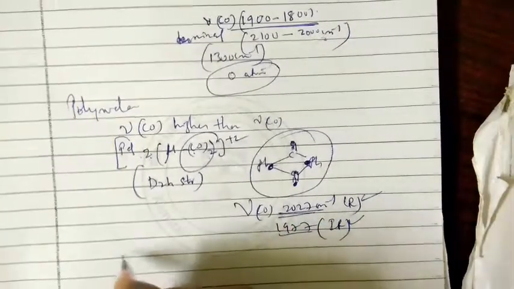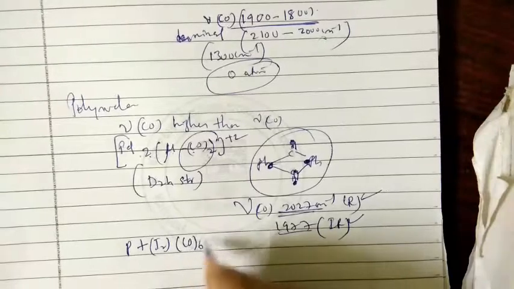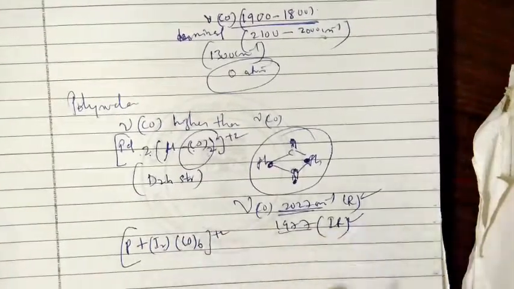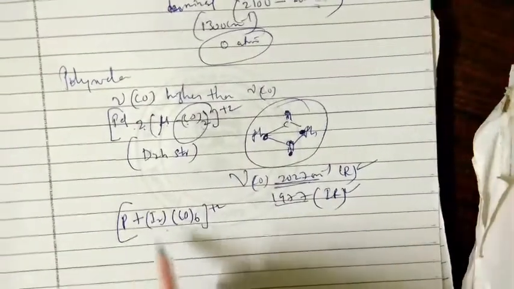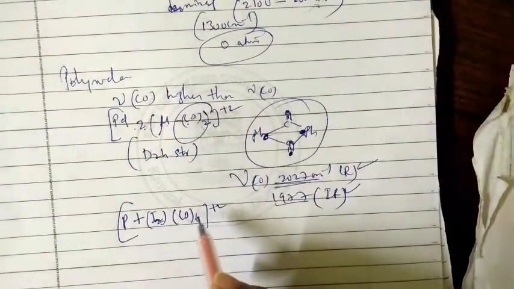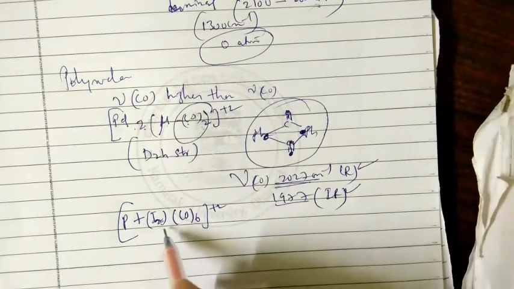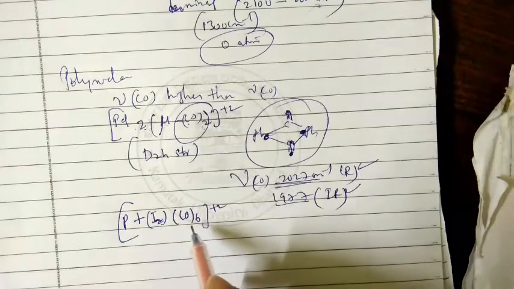Whereas if you take another structure, that is platinum I2 (CO)6 to the plus 2, platinum iodine 2 CO6.